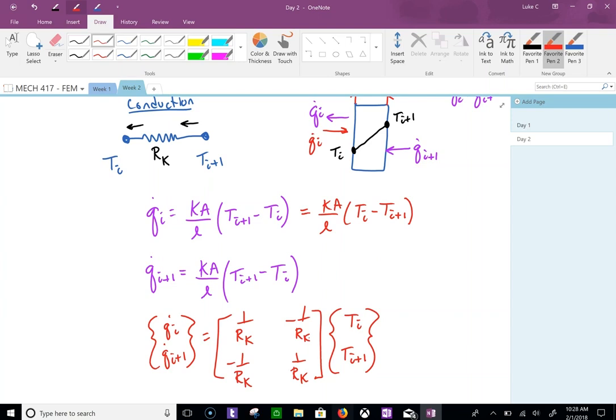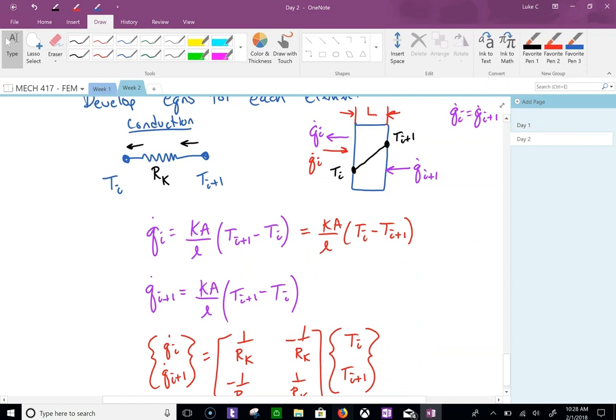So again, we're looking at conduction. Here's the element over here to the right. Whatever's coming in from this node must equal what comes out of that node through that element. So the heat transfer coming in and going out of that node, we can define as Q dot of I plus 1 and then Q dot of I. Because we know conduction is related between these two temperature differences, we can look at those two equations.